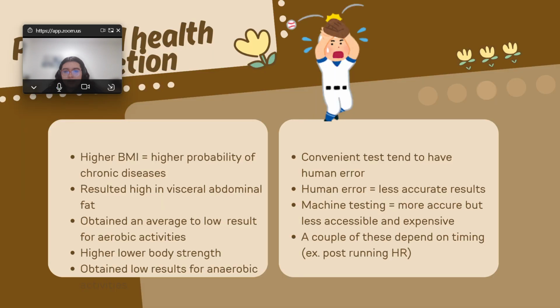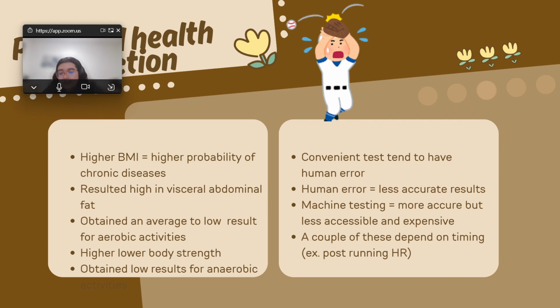For results, it means that because I have a higher BMI, I have a higher probability of chronic diseases. At the same time, the BMI is more accurate because I resulted high in visceral abdominal fat from our waist to hips ratio, and for our aerobic results, which means the jog test, I had average to low results.